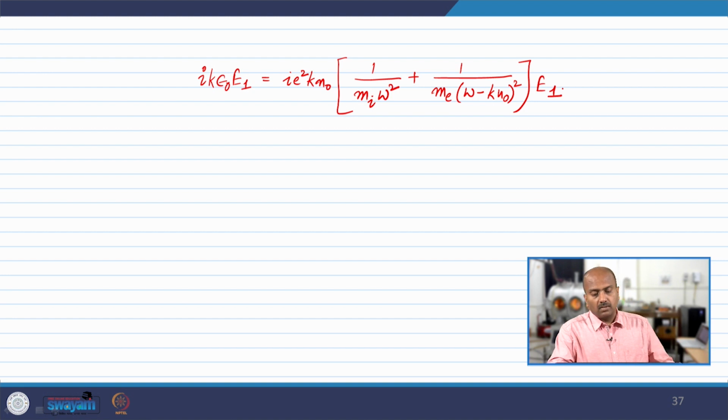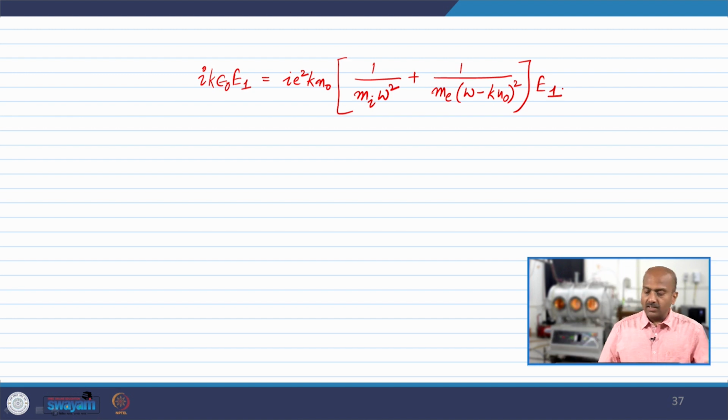Now, for this equation to have a non-trivial solution for E1, it is necessary that the following dispersion relation between omega and k is obeyed or valid.